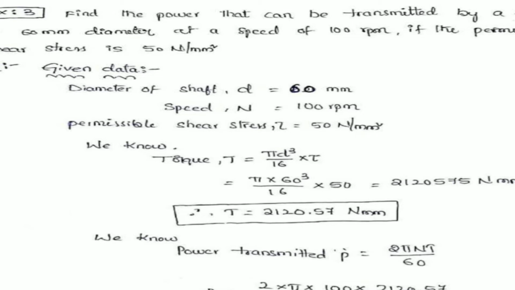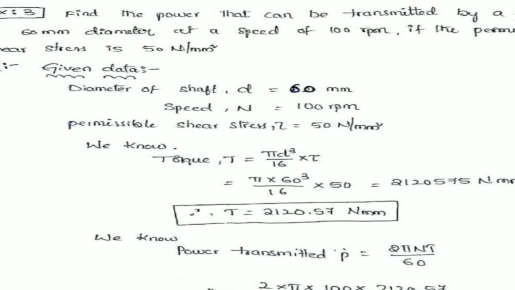In this problem, to find the power, the given data: diameter D is given, speed N is given, permissible shear stress tau is given. You know the torque formula, T is equal to pi d cube by 16 into tau.